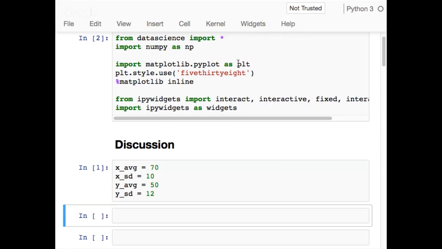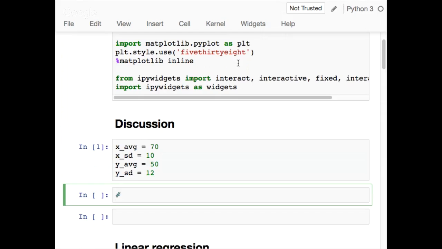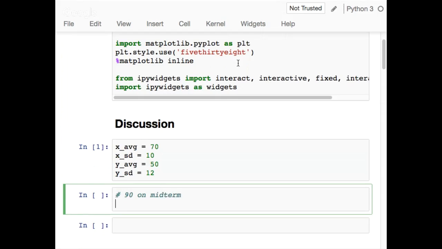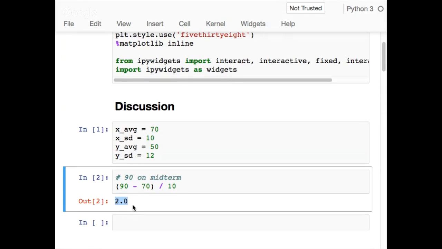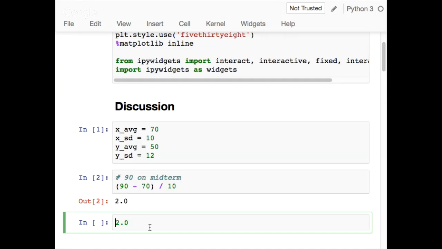Okay. And I want to say, 90 on the midterm means, break up the standard units. So here is 90 minus 70 divided by 10. Right, so 90 is 2 standard deviations above the mean. So this is x in standard units. Take 2, multiply by r, right?